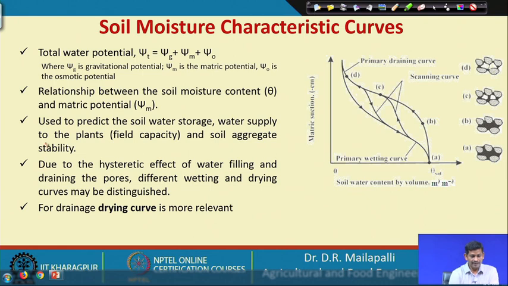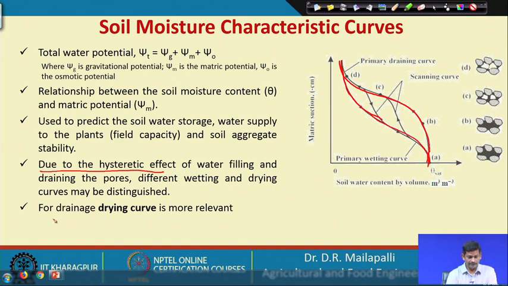And then due to the hysteresis, when you remove water, the curve goes like this. When you do the opposite, start adding water slowly and note the corresponding pressure, it is supposed to follow the same curve, but it does not because of the hysteresis effect. This hysteresis is more common in clay soils than sandy soils.